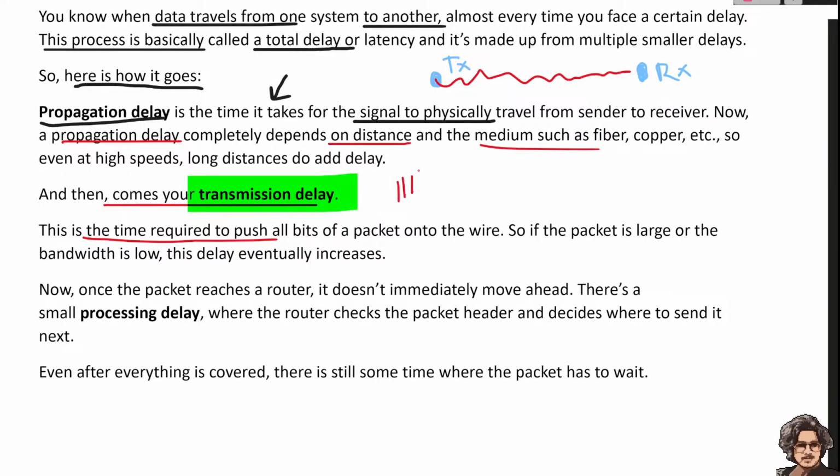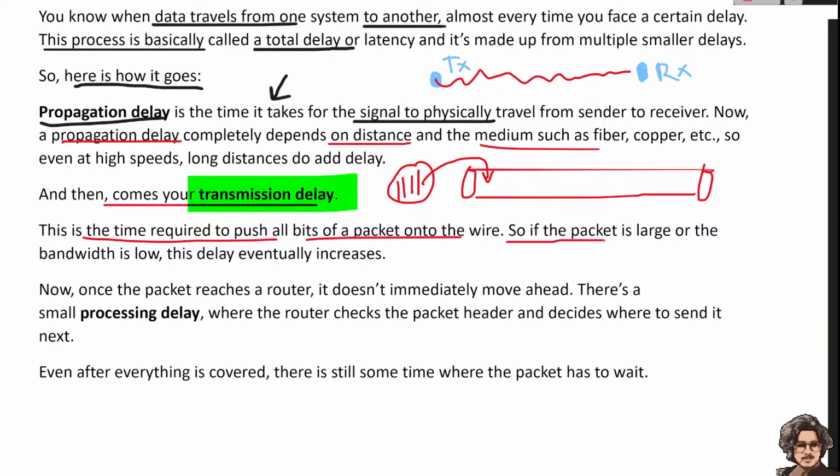We have different bits, and this is the optical wire through which we have to send this data. So the time taken to push all the bits into the cable. If the packet is large or the bandwidth is low, then the delay increases. This is what transmission delay means.